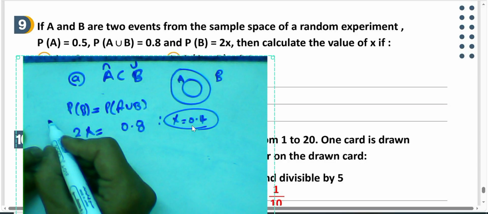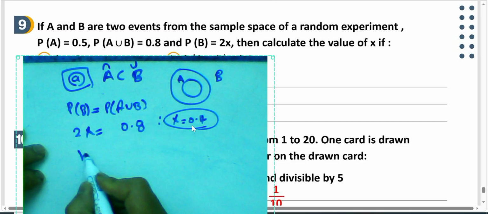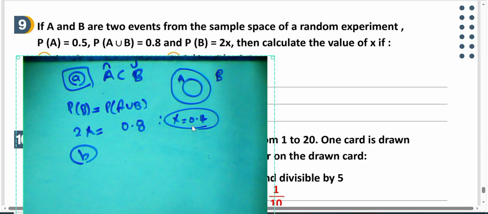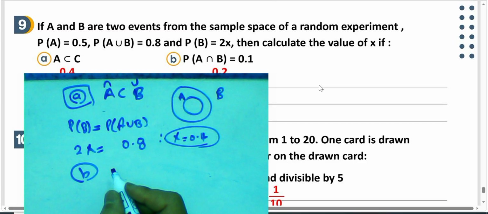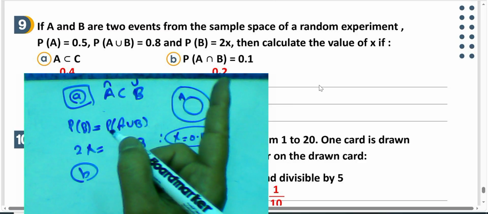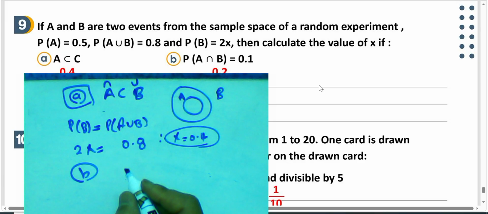It's the first condition, this question letter A. Question letter B, he wants to find probability of B when A intersection B is 0.1. Okay, I know the probability rule.